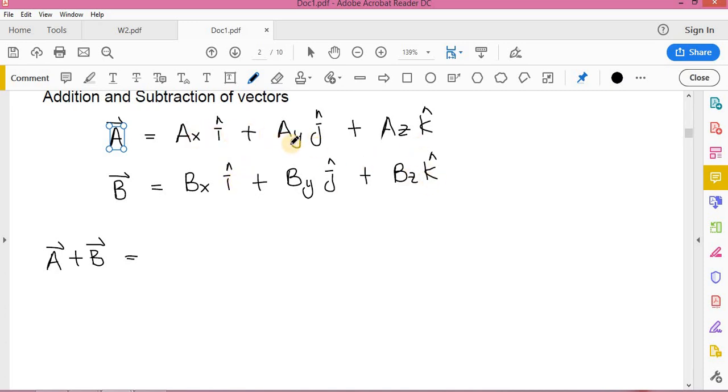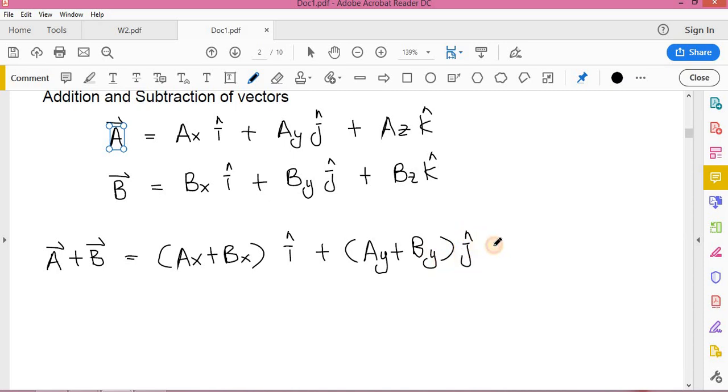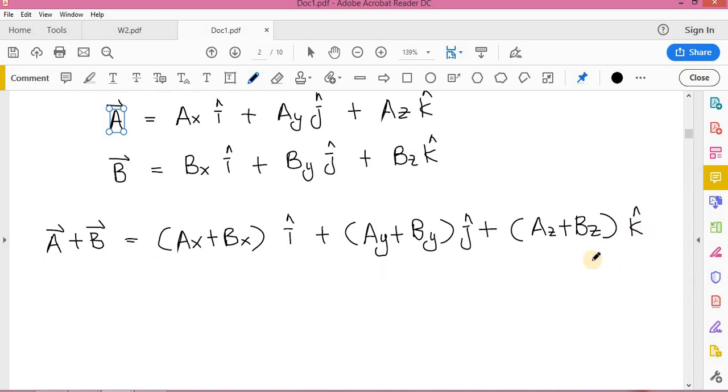You cannot add this one with that one. So the final answer will be AX plus BX in the i direction, for the j component it will be AY plus BY in the j direction, and lastly AZ plus BZ in the k direction. So this is the formula that you have to use when you perform addition.